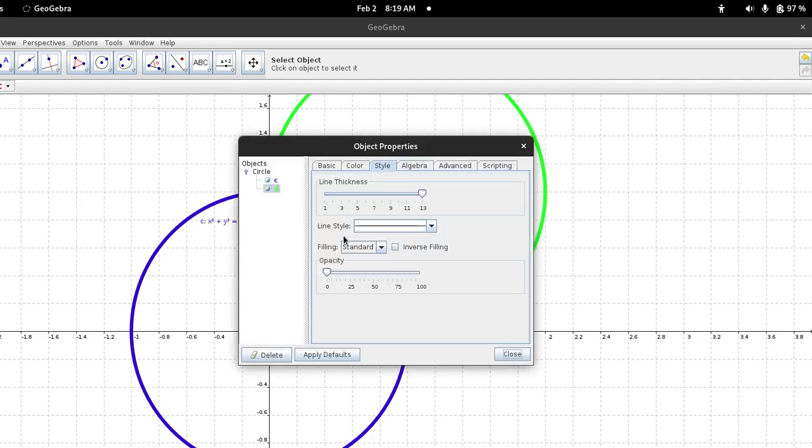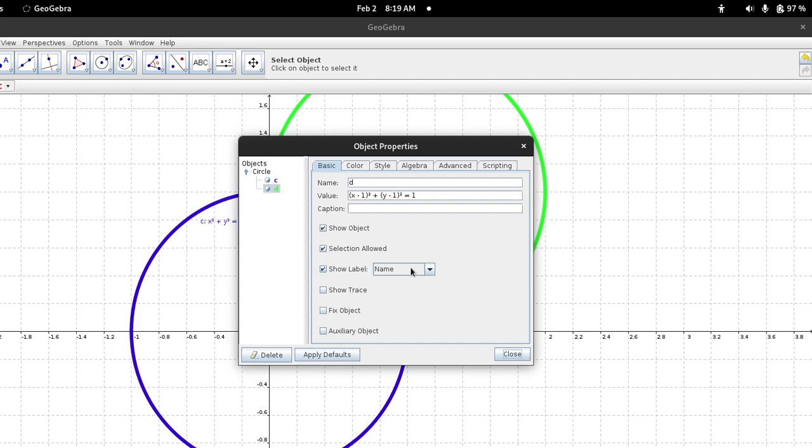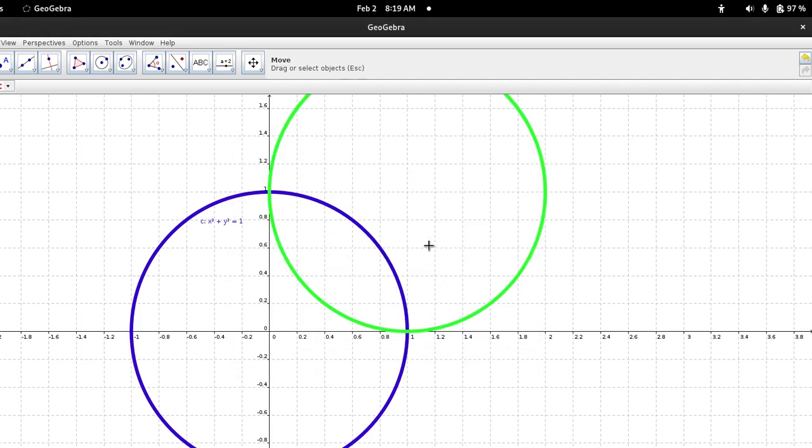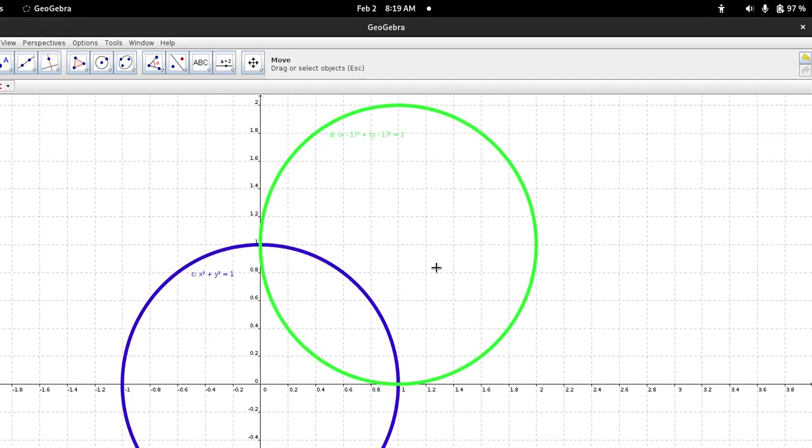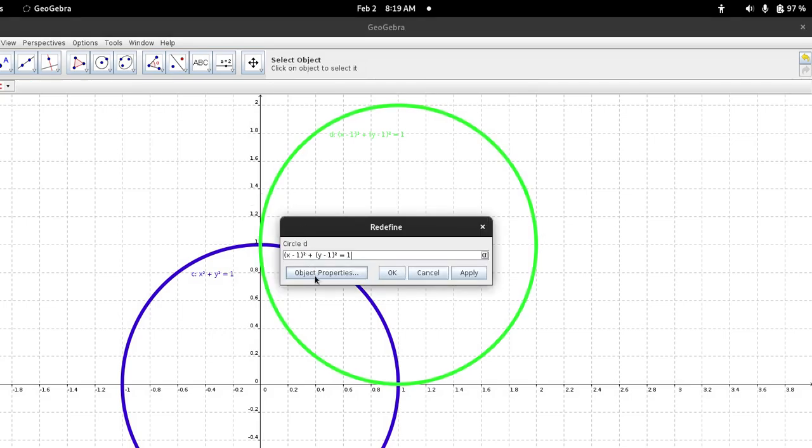I want to see the function. So here we go. You see that x moved one place to the right, y moved one place up. So the center is now here. Let me make some changes to this.